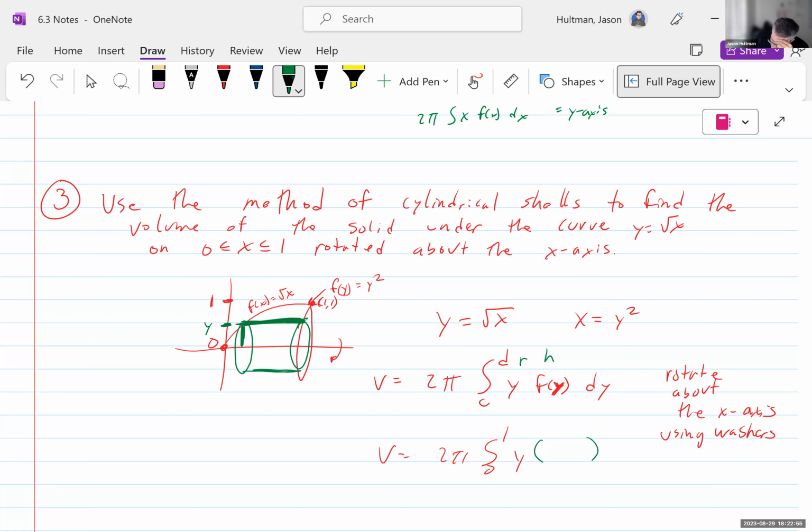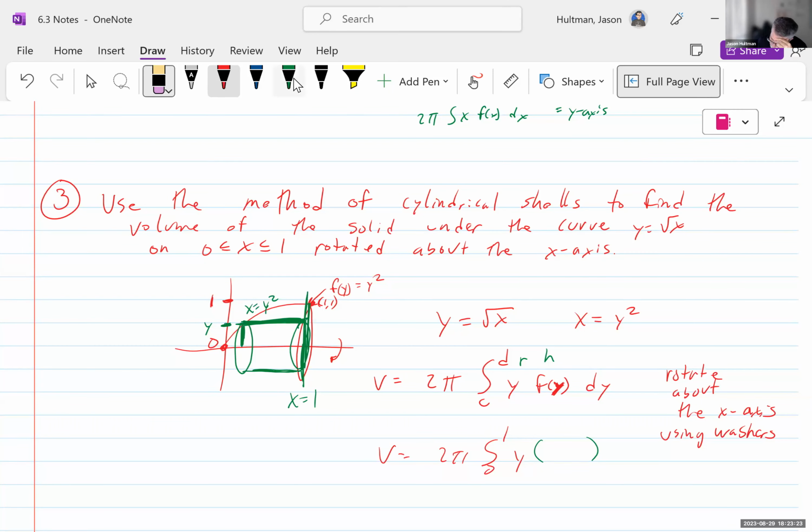Well, the height starts at the top function, which is x equals 1. And the bottom function is x equals y squared.